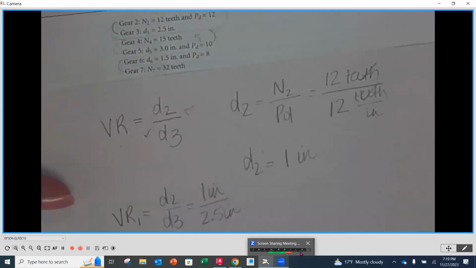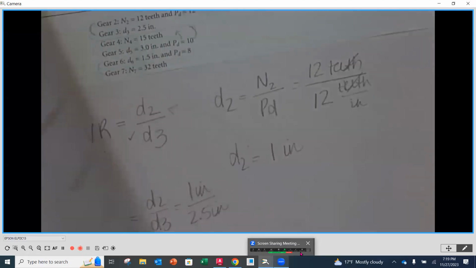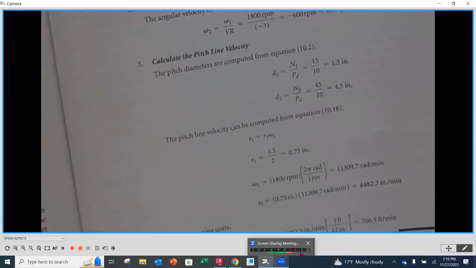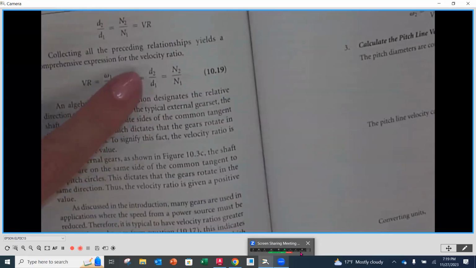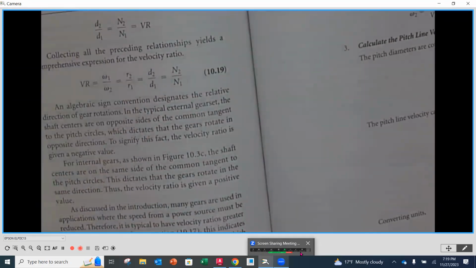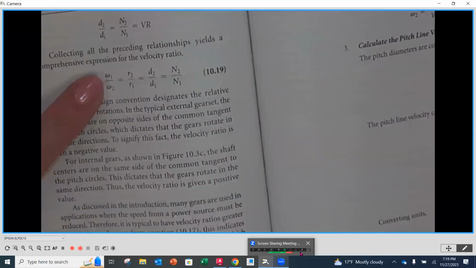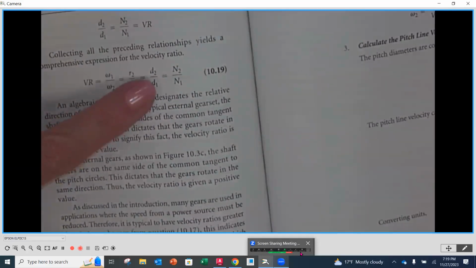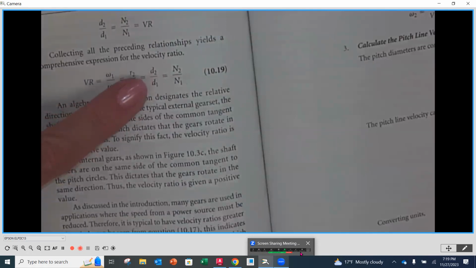Wait, I have that the wrong way, don't I? Let me go back and look. Yeah, I do. I think our D3 has to be on top, right? Our larger one has to be on top. The faster moving one is always the smaller number. So D3 over D2.